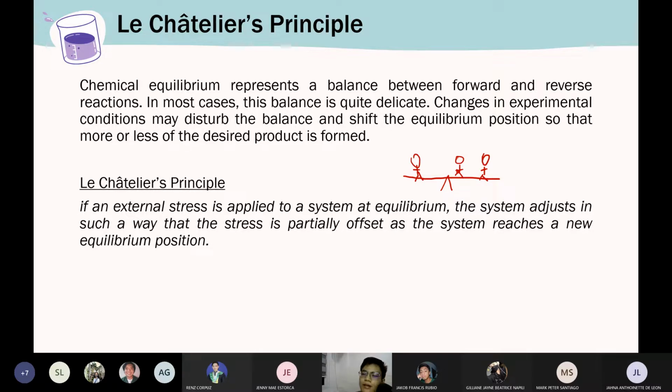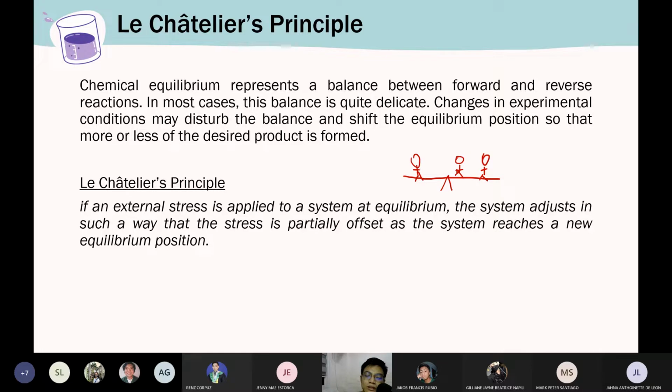So what are the external stresses in chemical equilibrium? It could be changes in the concentration of the substances. Suppose you have a chemical equilibrium, then you add another amount of reactant or product, it will be disrupted. That's one form of stress for chemical systems.